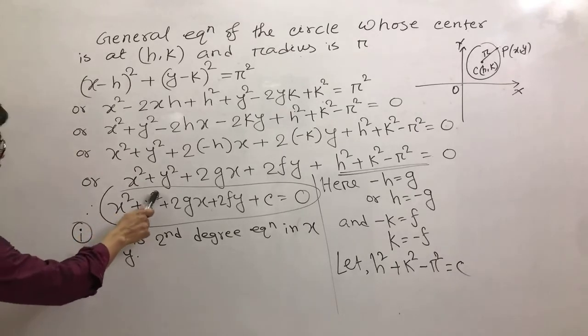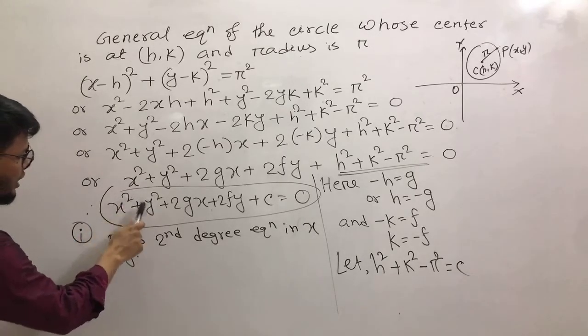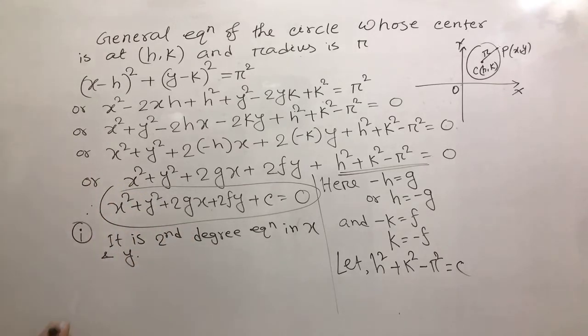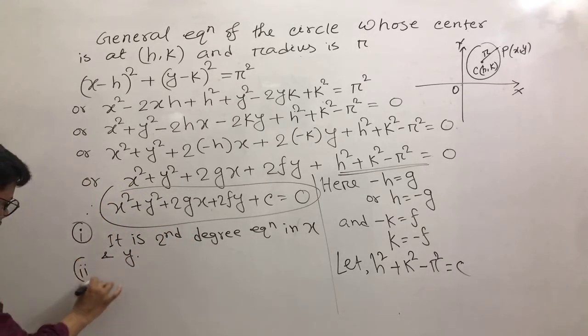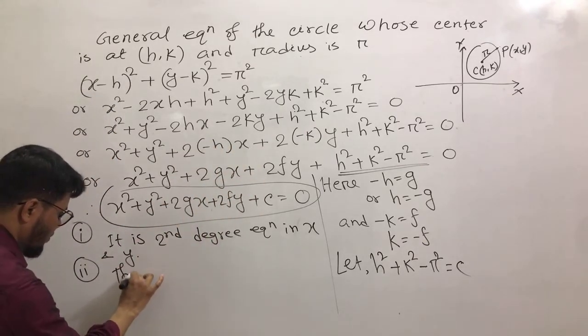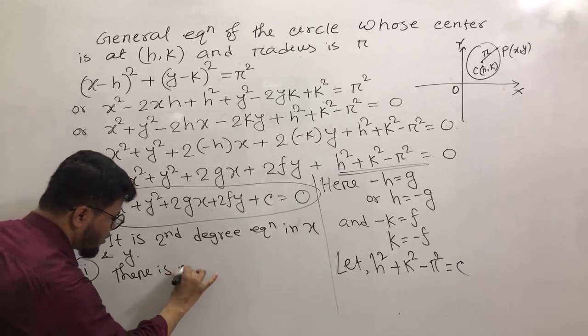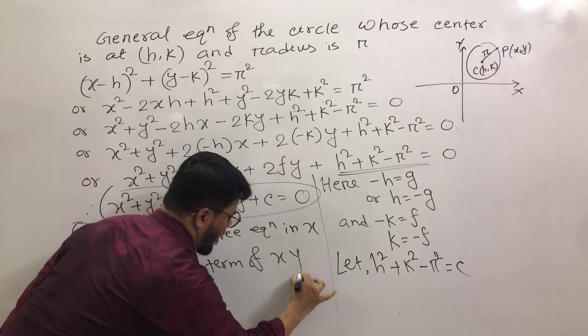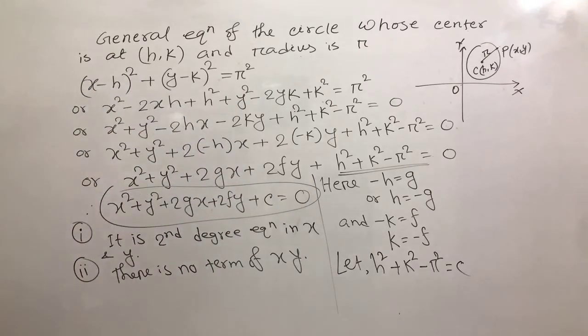The maximum power, the power of the leading term, is 2. So this is a second degree equation. The next, second characteristic is there is no term of xy. The xy term is absent here.